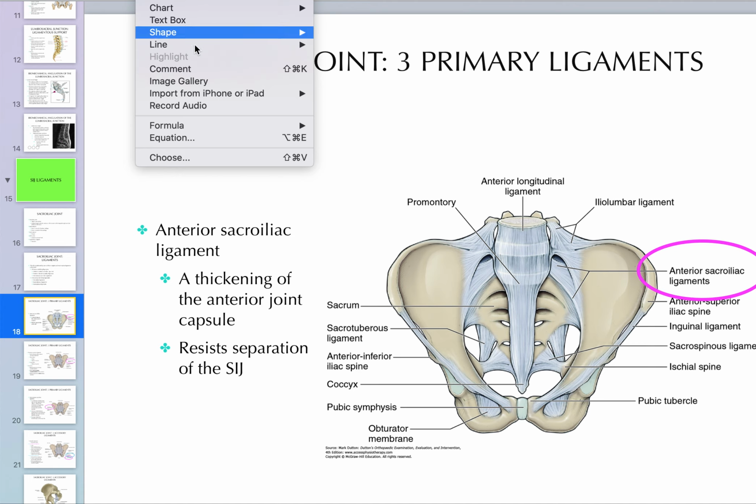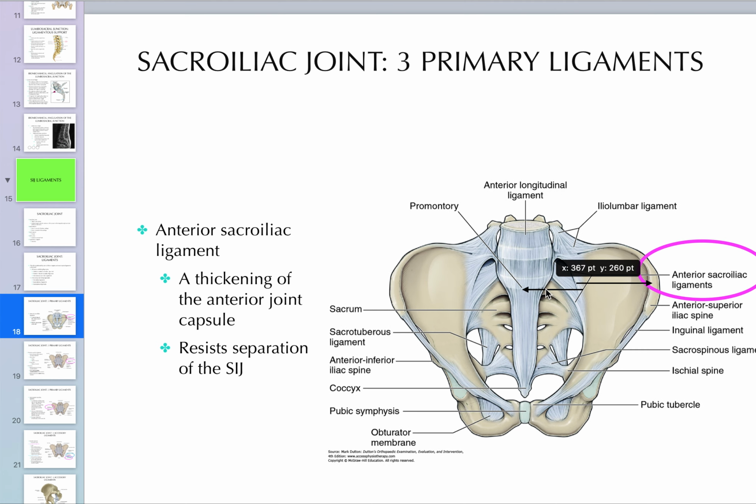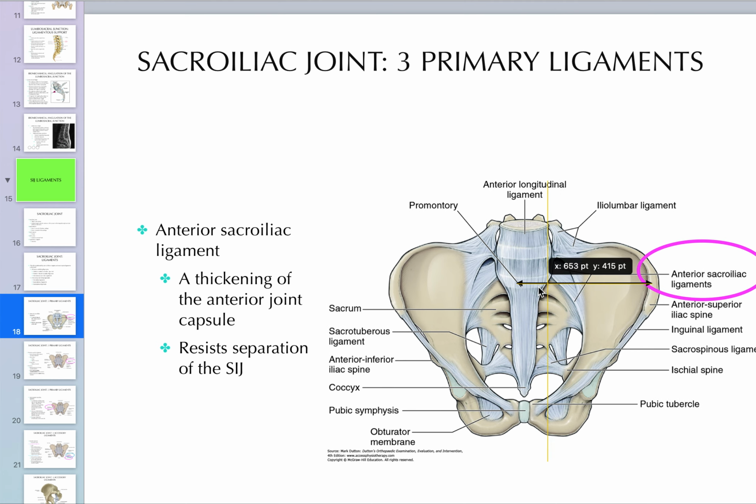So once again, here are the separation forces. If the ilium were to go in one direction and the sacrum were to go in the opposite direction.